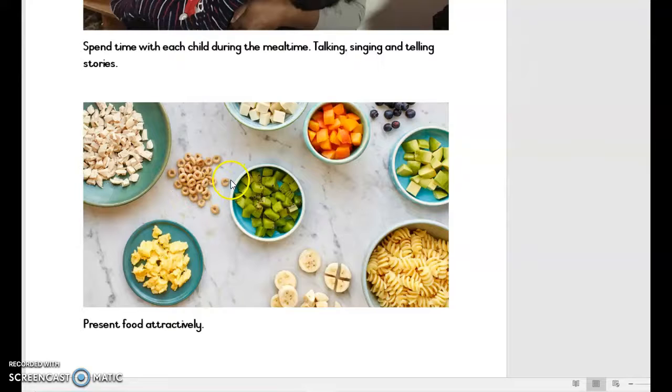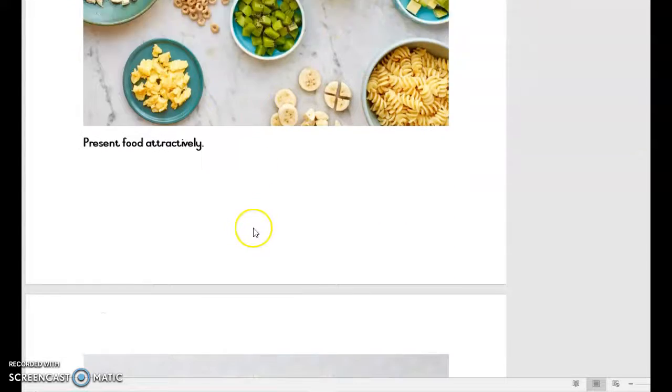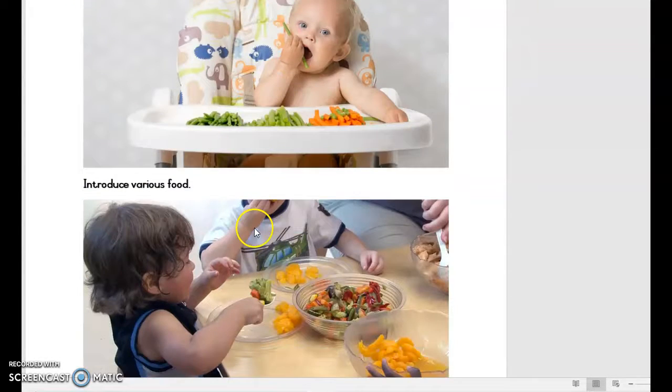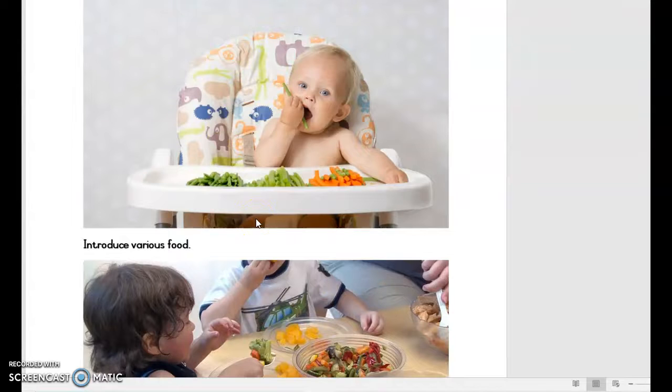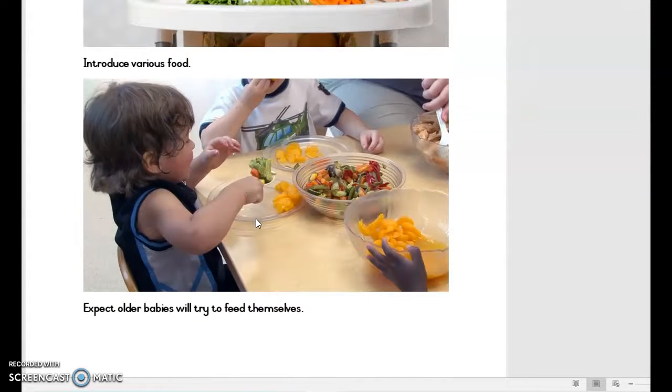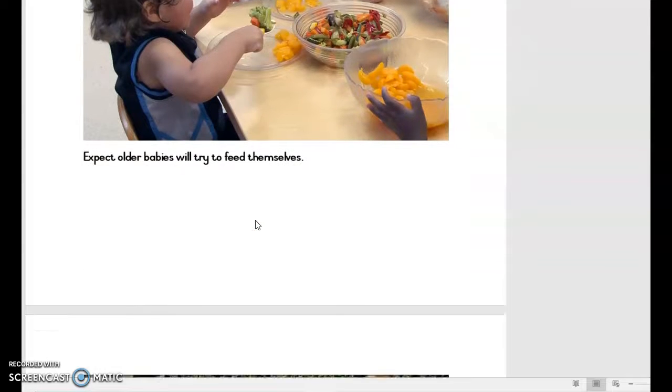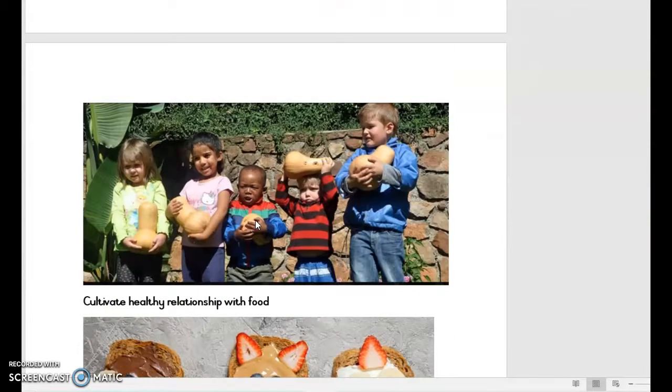Present the food attractively and offer different types of food. Introduce various types of food. Expect that the older babies will try to feed themselves, and let them manipulate the food. You know they're going to make a mess of it, but that's important.